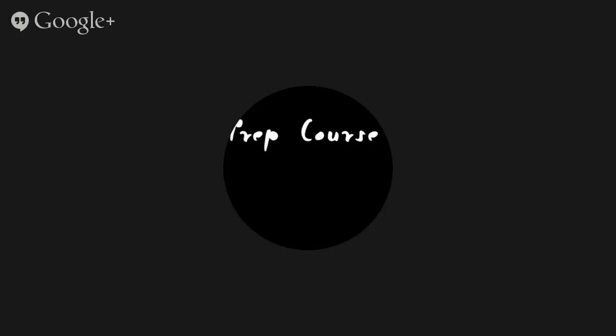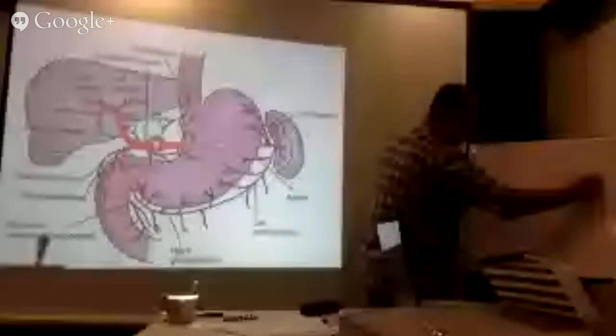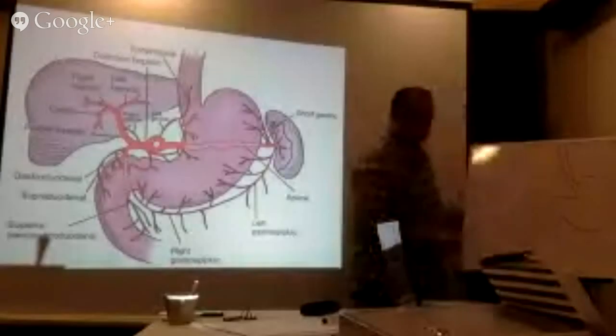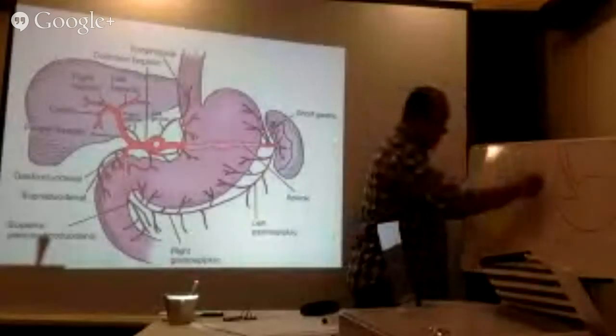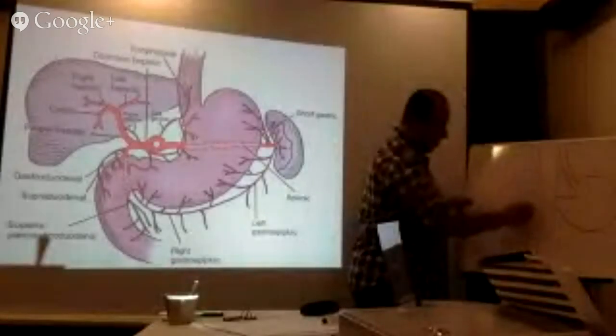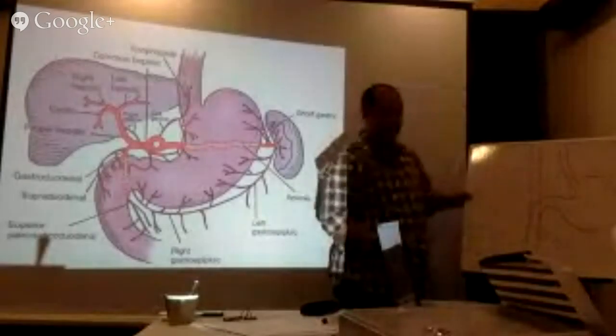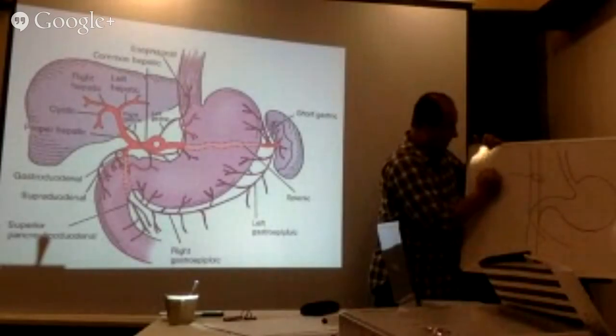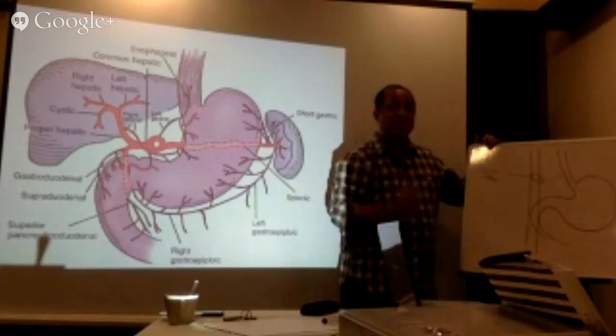This is the esophagus, and this is the stomach. And this is the aorta. Now, from the aorta here, we are going to have a celiac trunk. This is the celiac trunk. You have to know the celiac trunk.